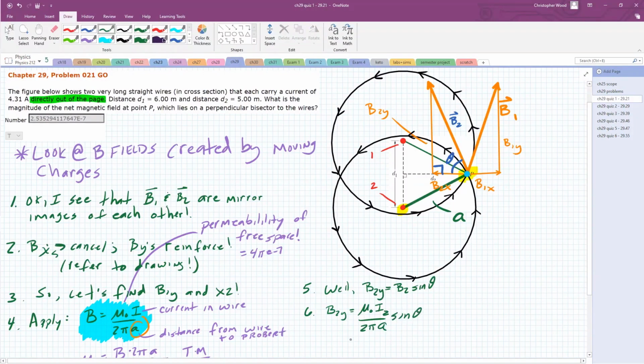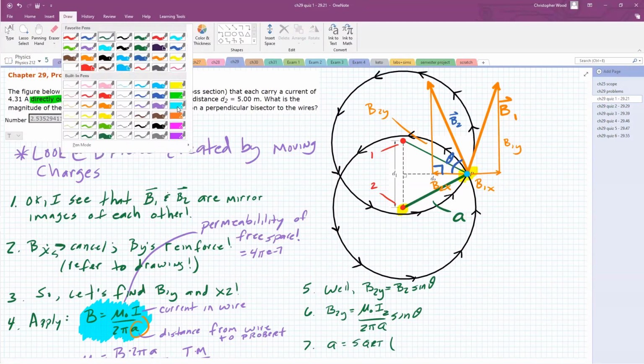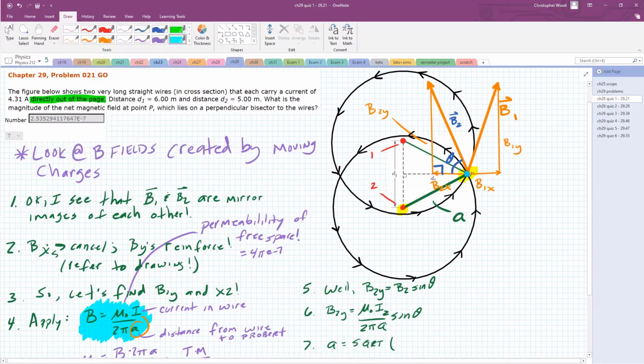So let's just talk about what A is. Pythagorean theorem is going to get you A, because I have a very simple right angle triangle.